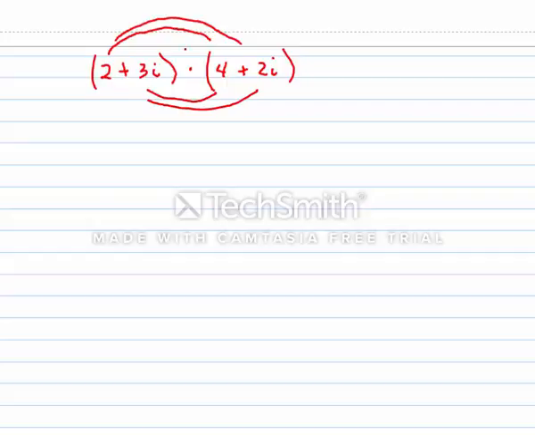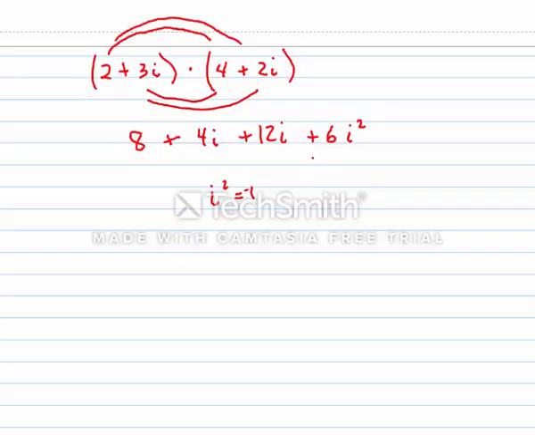So 2 times 4 is 8, and 2 times 2i is 4i, and then 3i times 4 is plus 12i, and the last one is 3i times 2i is 6, but that's i squared. Now remember, i squared is equal to minus 1.